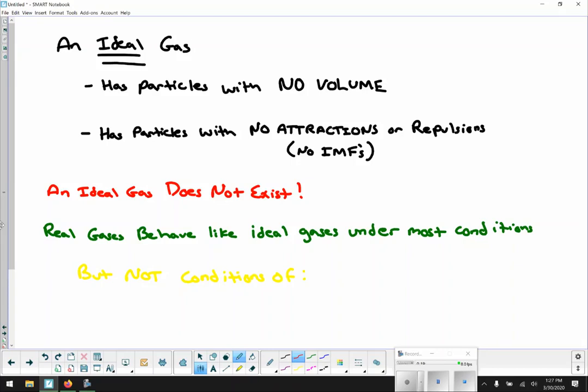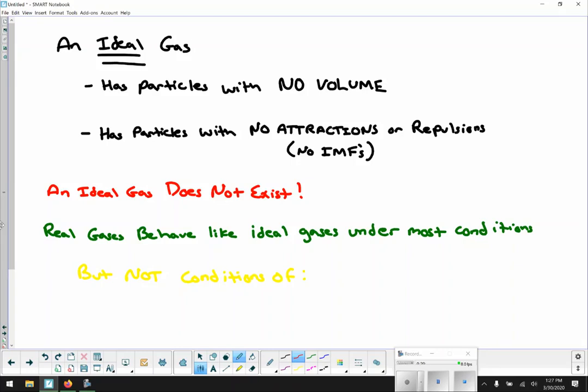So even though an ideal gas doesn't exist, the ideal gas law works with gases under the vast majority of conditions. In any sort of normal situation that human beings could exist in, for instance, any of the conditions of temperature and pressure that you would find pretty much anywhere on Earth, the ideal gas law is a really, really good indicator of what gases will do.